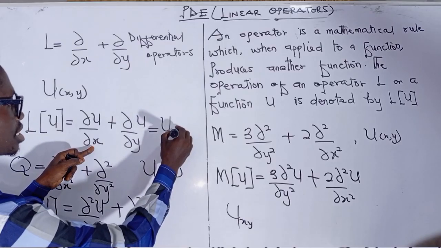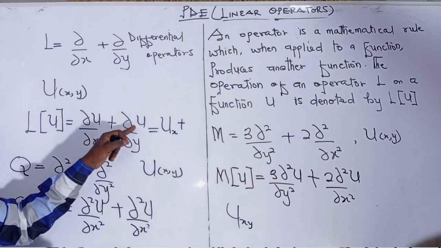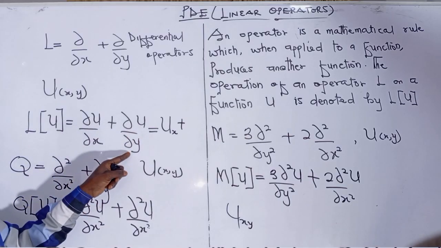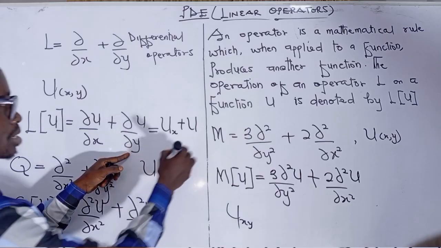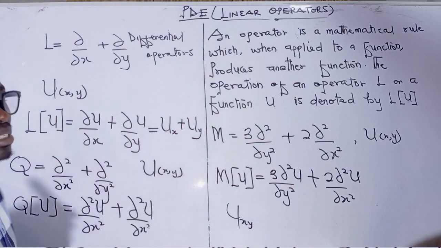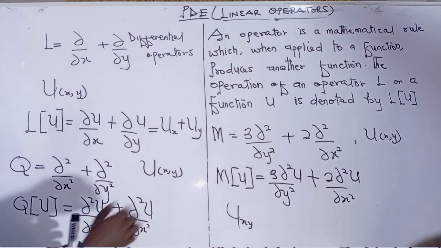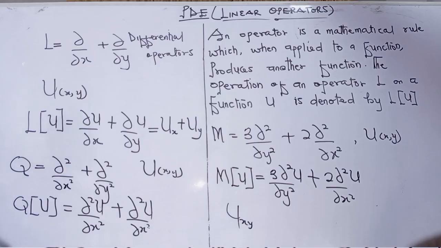So we are going to have u subscript x. Then we have plus partial derivative of the function u with respect to y. So the function is u, and we are taking it with respect to y. So if you don't see this and then you see this, it means the same thing. Sometimes you come across this or you come across this. Any one of them is the same thing.